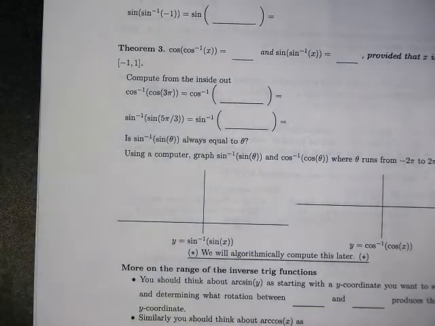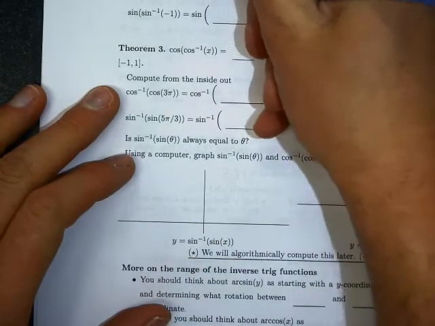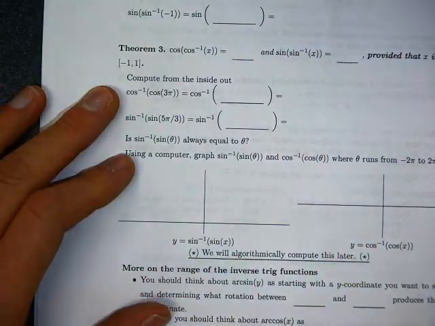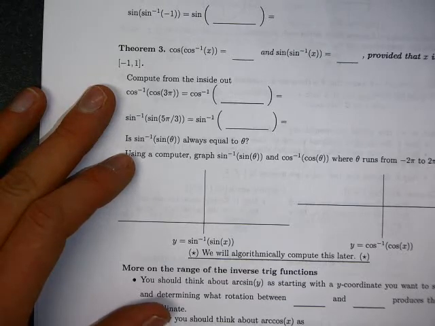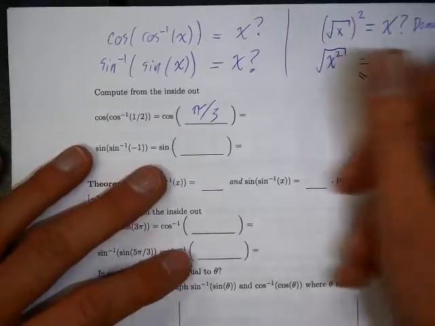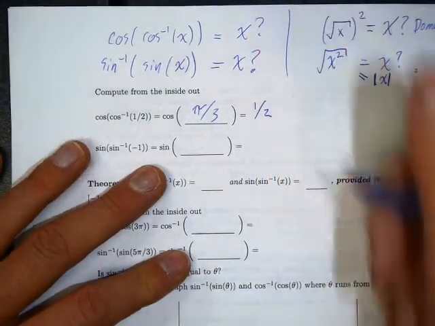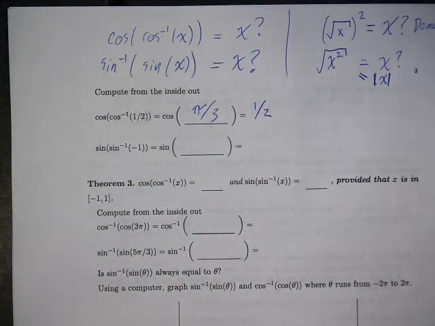Pi over 3. What's the cosine of pi over 3? Yeah, sorry. Apparently I'm really bad at that today. Or maybe I'm just really bad at that all the time. So it worked out in this case.